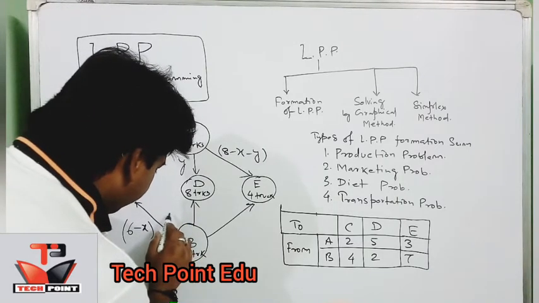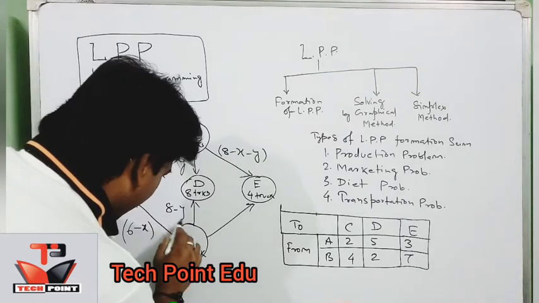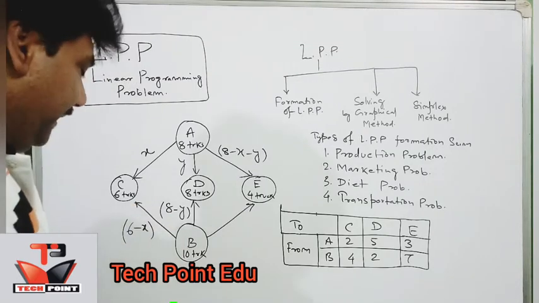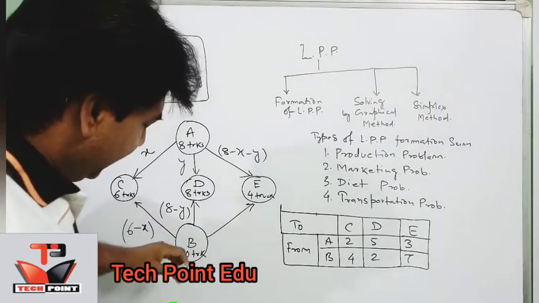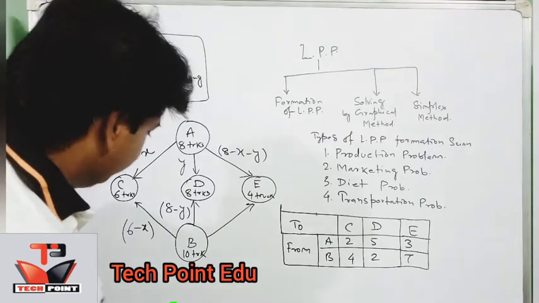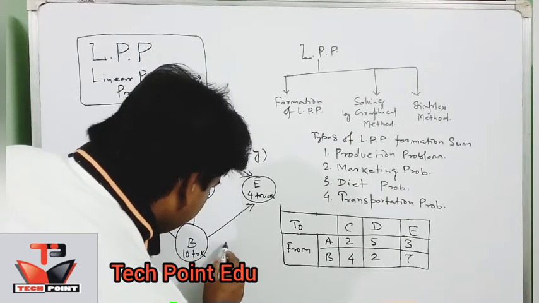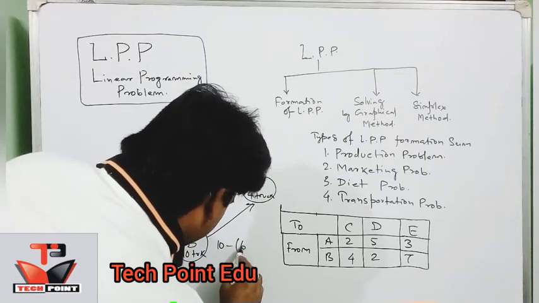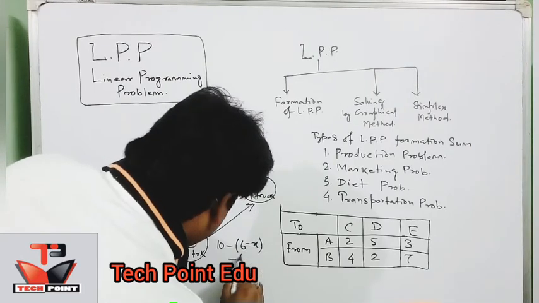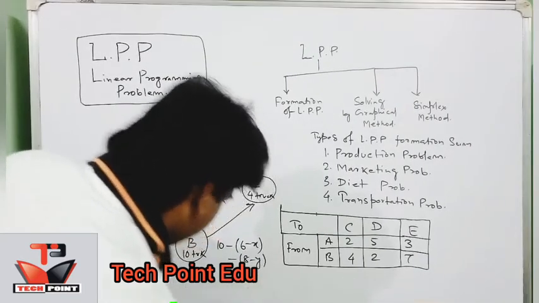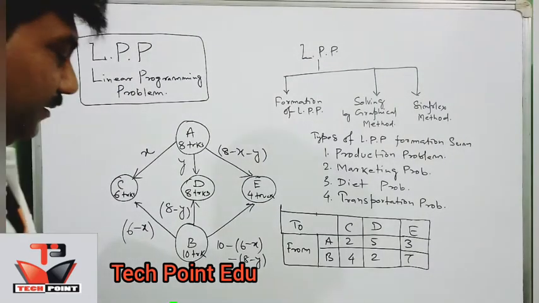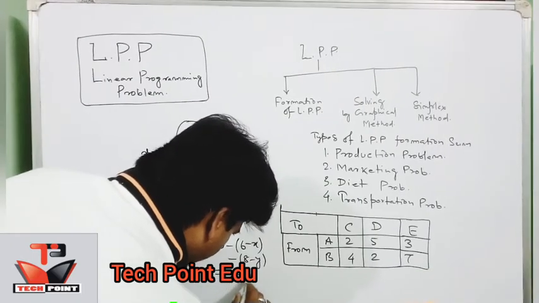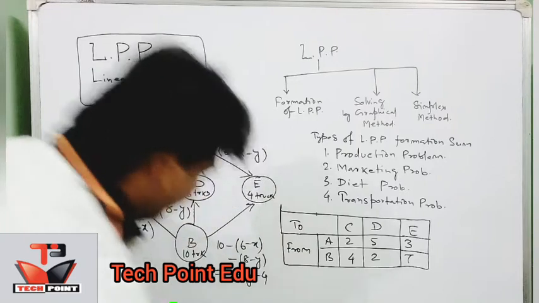And the number of trucks B will send to E will be 10 minus (6 minus X) minus (8 minus Y), and this will be X plus Y minus 4.